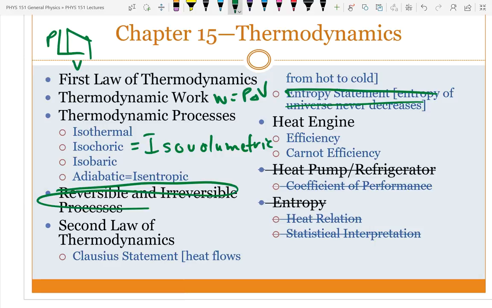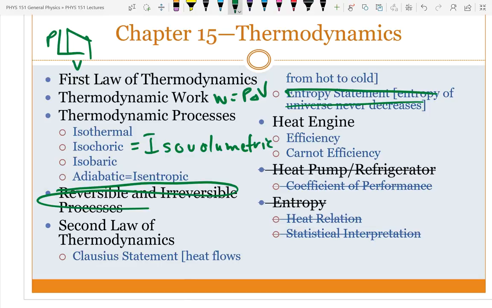Heat engines, last thing we talked about. What's the purpose of a heat engine? It is to do work from, well, it is kinetic energy, but it's microscopic. It's thermal energy. We're going to take thermal energy, transport heat, that's the transport of thermal energy, and convert that into work.